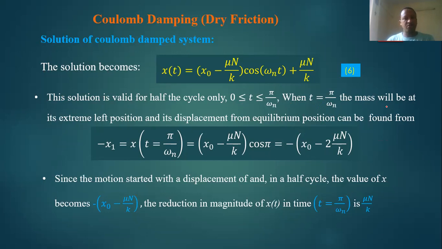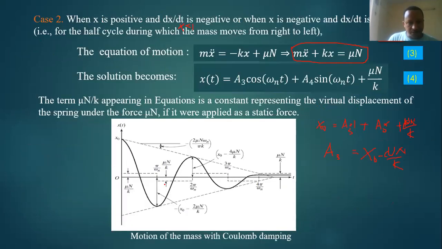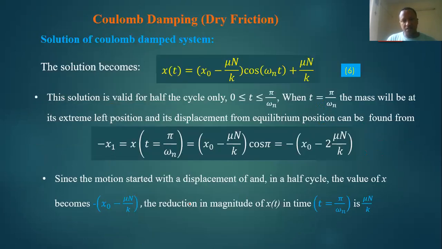The displacement from the equilibrium position can be found using minus x1. Let's consider x1 as the first position. Where is x1? This is x0, and x1 is here. Okay, so we are here now.